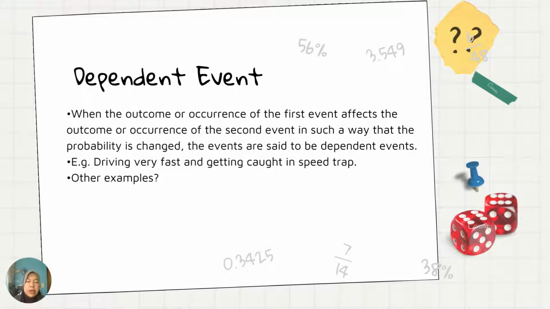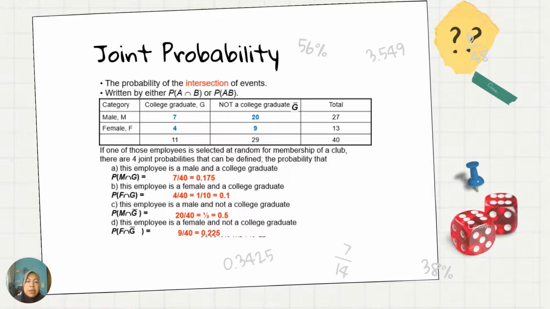You have risk on that. Not necessarily, but there is dependence. Or driving very fast and getting into an accident. Driving very fast and arriving early at the destination. This is a very basic, simple and general example.